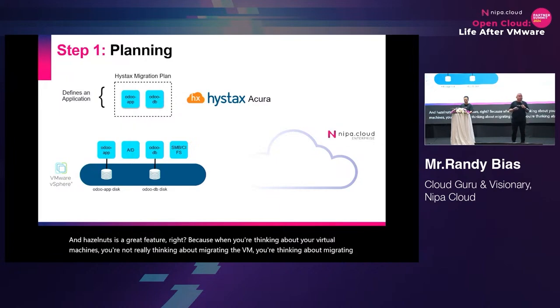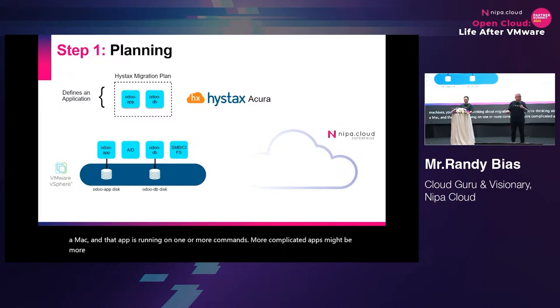And an app is running on one or more VMs. More complicated apps might be running on 10, 20, 30 VMs. So Hystax is a way for you to create a migration plan that puts together a set of VMs that comprise a single app. And here in the demonstration, we'll show you Odoo being migrated. And here it's just keeping it simple, one Odoo app server, one Odoo database server.